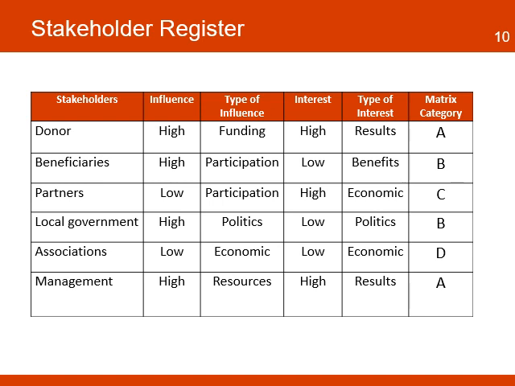The levels are high and low, and the other column describes the type of influence or power the stakeholder has on the project. The next two columns are used to quantify the levels of interest the stakeholder has, again using the same values of high and low, and the type of interest is also identified. The last column is used to categorize each stakeholder based on the levels of interest and influence. In the next slide, a simple 4x4 matrix is used to identify the categories of each stakeholder.